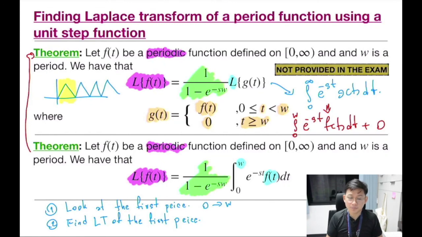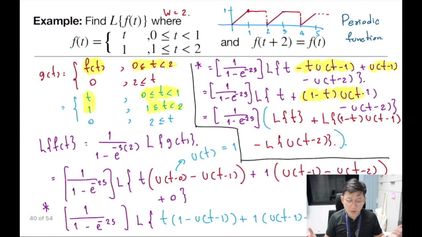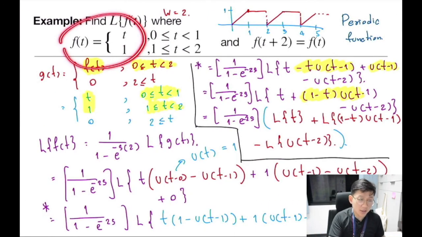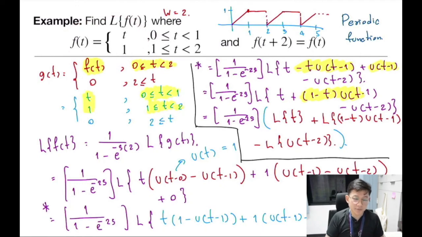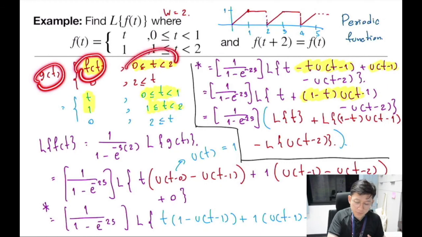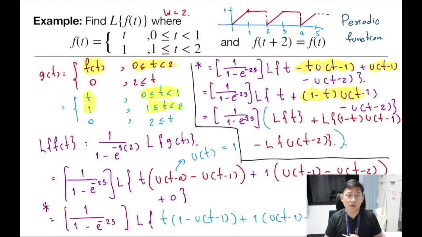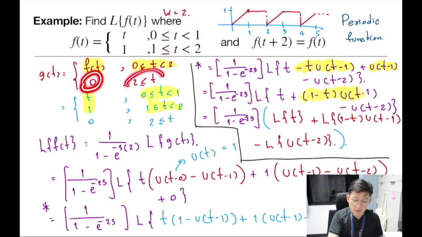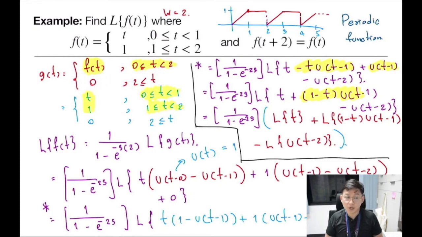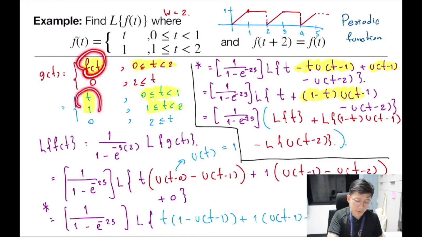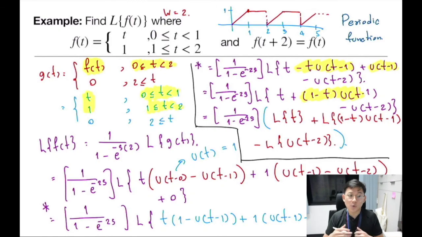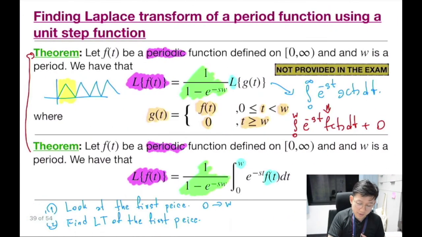Good. So, for example, this one, right? We find f is defined from 0 to 2, like that. And then after that, it's repeated. It's the periodic function. So we define g as f on this interval, and then it's 0 otherwise. Then we split f into 2 functions, and then we apply this theorem.